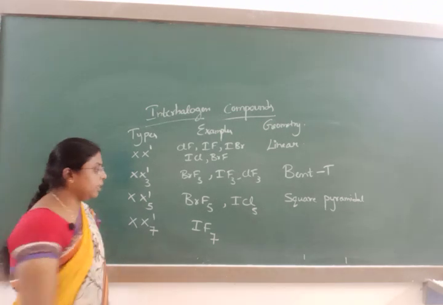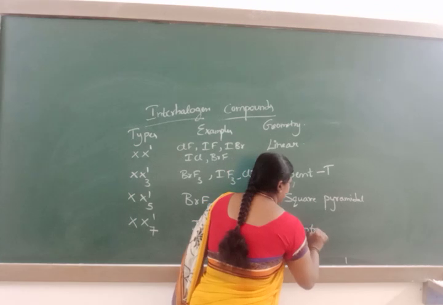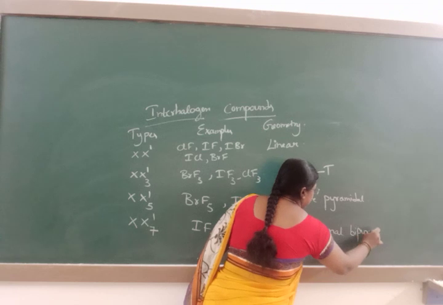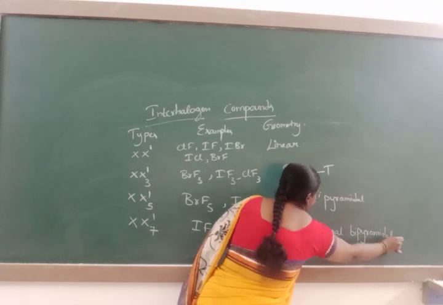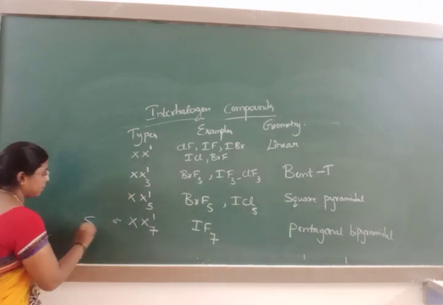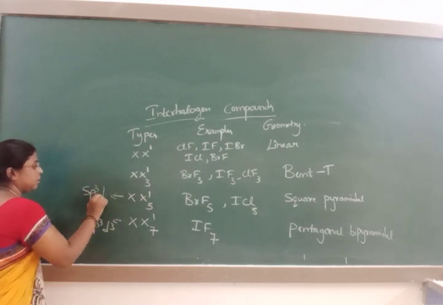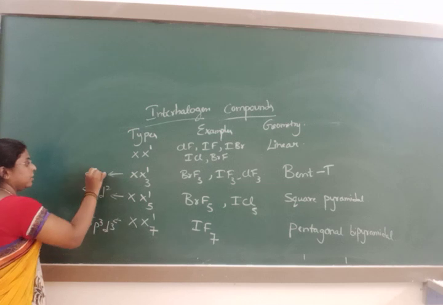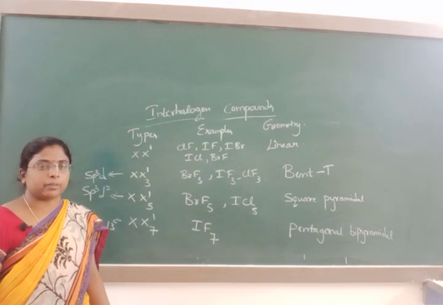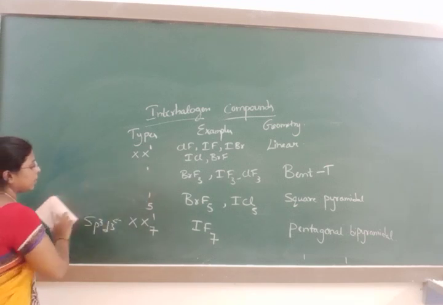IF7 has pentagonal bipyramidal geometry. If you see the hybridization, for this it is sp3d3, this is sp3d2, this is sp3d hybridization. These are the interhalogen compounds. After this, let us see the structure of BrF3.